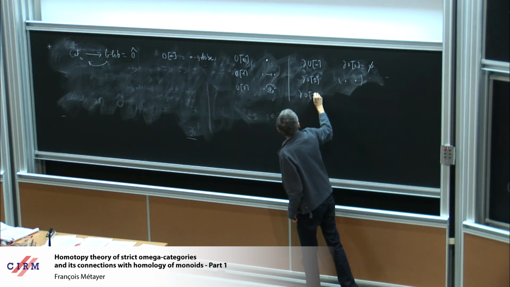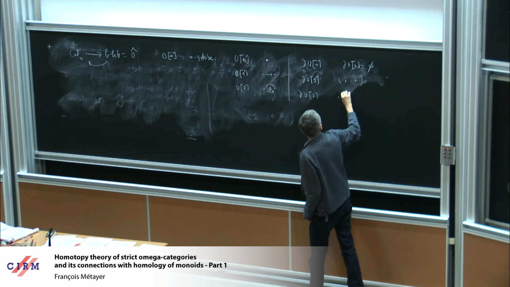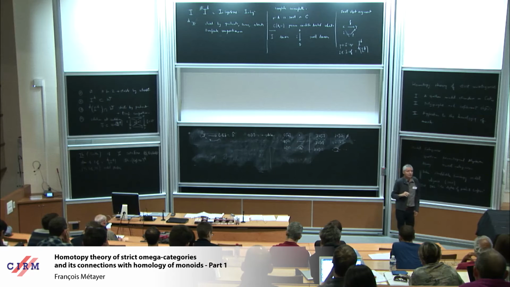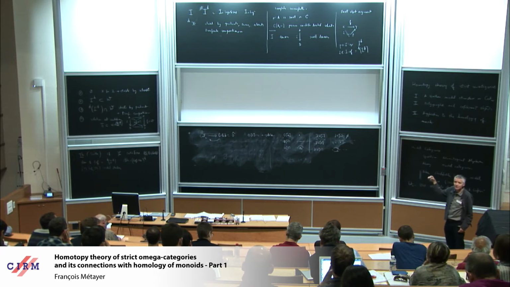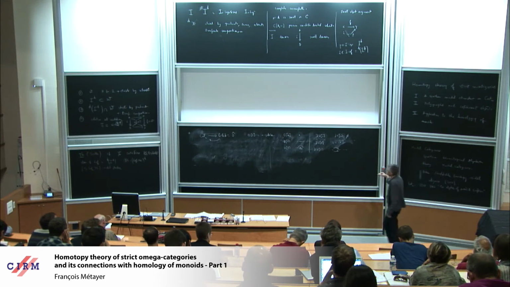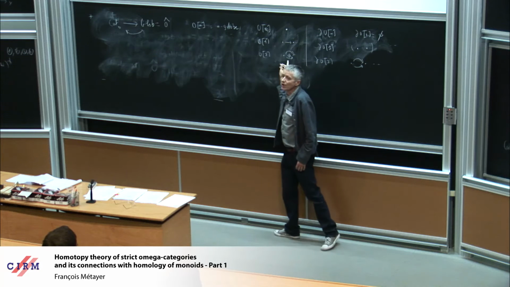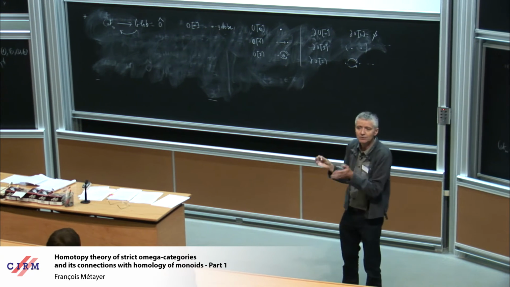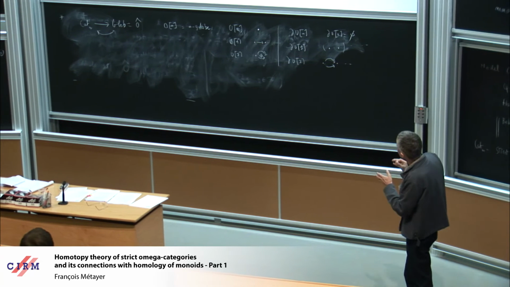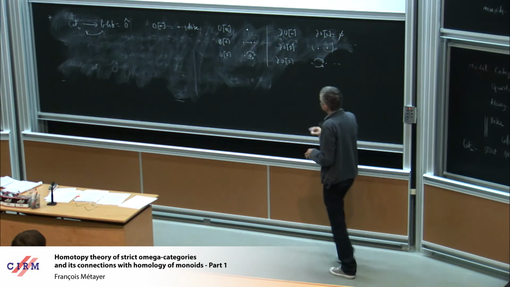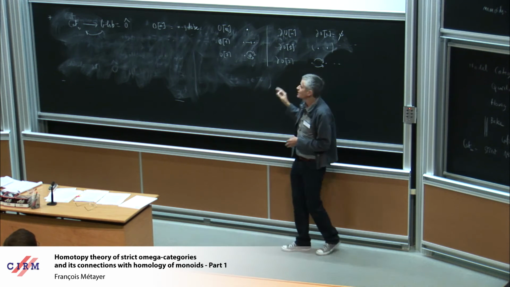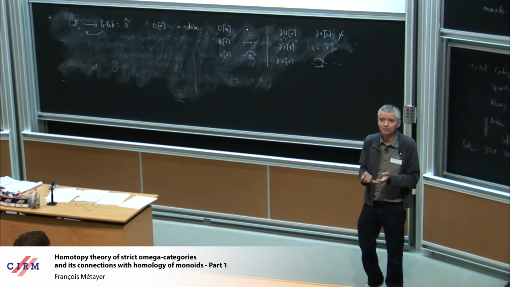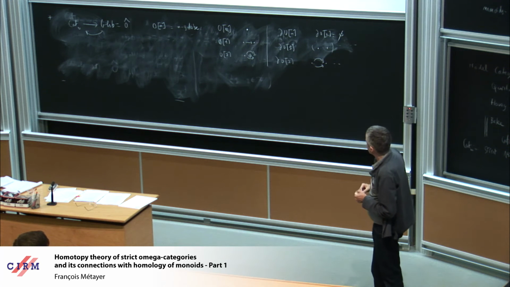Delta O2 is this, and so on. So the deltas have the same cells as the O ns, except for the higher dimensional one. So geometrically, you think of O ns as disks and delta O ns as spheres.